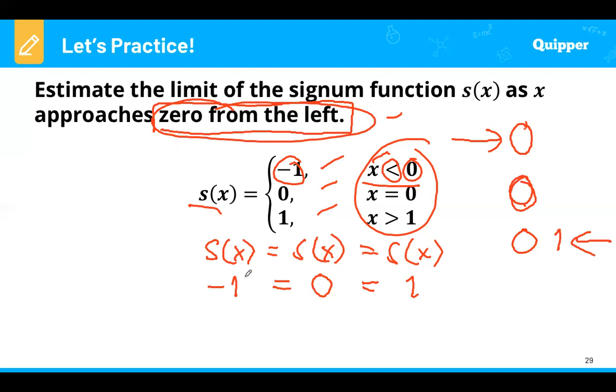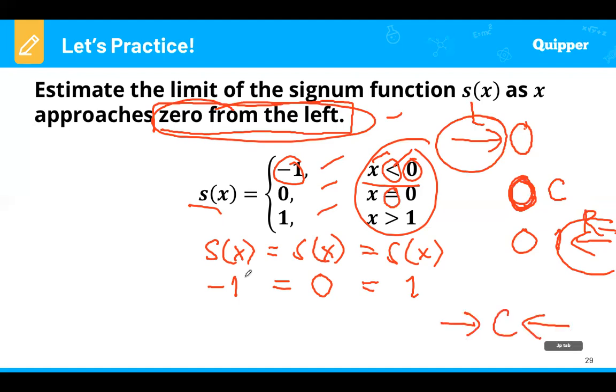So we can identify that one using the symbols. If we have the symbol less than, that is automatically the left side. If we have the greater than, it is automatically the right side. And we have the equal sign, that means this is the C. Kumbaga, ganyan siya.